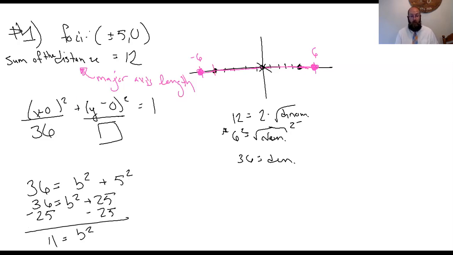Ooh, that's going to be a decimal, folks. 11's prime. Oh, you know what? I don't even have to square root it. Do you know why? The denominator on my equation is always the straight up b squared number that goes there. So I don't even have to worry about that. It's just an 11. That's cute, huh? Hopefully you picked up on what I did right there.